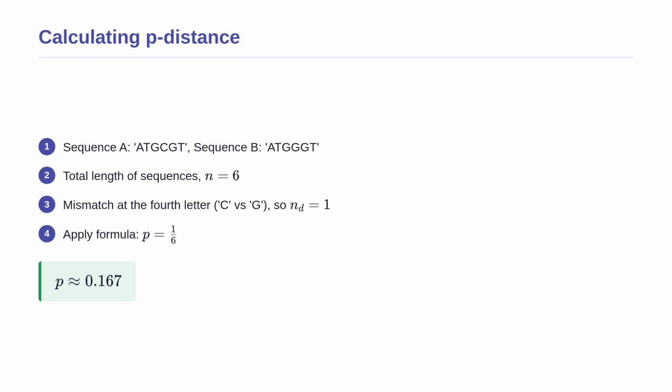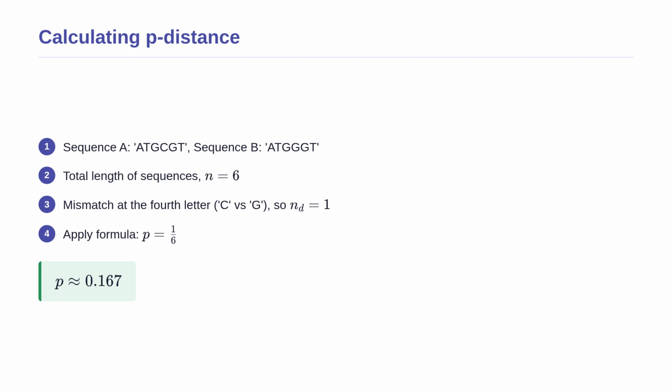Now that we have our formula, let us see this with a concrete example. Suppose we are working in a genetics lab and have isolated two short DNA sequences from two different frog species. Sequence A is ATGCGT, and sequence B is ATGGGT. First, we align them and count the total letters, giving us a denominator n equal to 6.